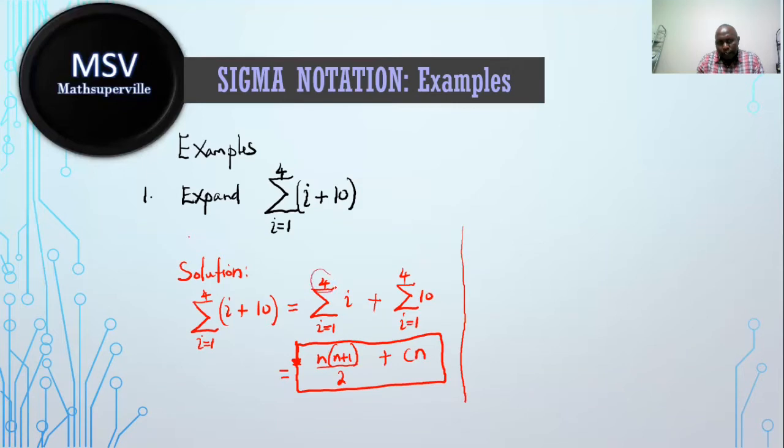Our n is 4. So that means the sum will be 4 times 4 plus 1 divided by 2 plus 10 times 4. And that gives you 20 divided by 2, which is 10, plus 40, and the answer is 50.